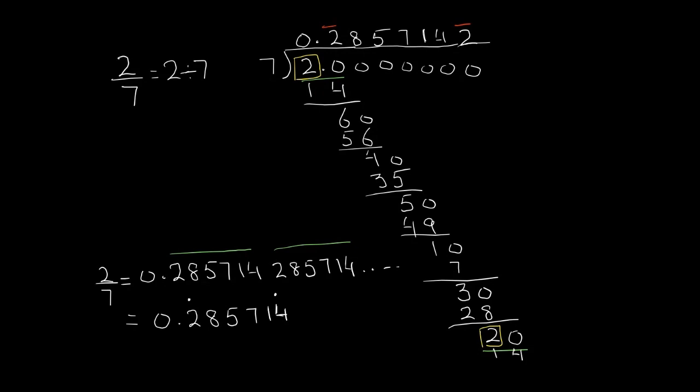So if you have any fraction of the form a over b, you will get a pattern that repeats. So you get a recurring decimal expansion. So the question is, why do you get a recurring decimal?